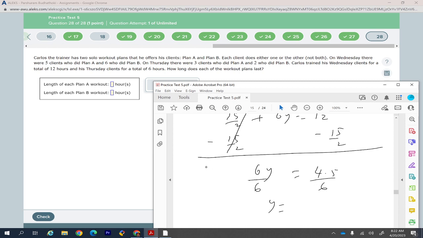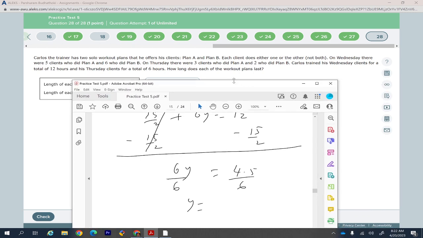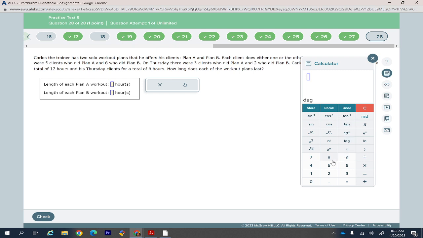So y equal 4.5 divided by 6. 4.5 hours divided by 6. Remember, the answer is less than 1 hour, so it could also be expressed in minutes. 4.5 hours divided by 6, that's actually 0.75.